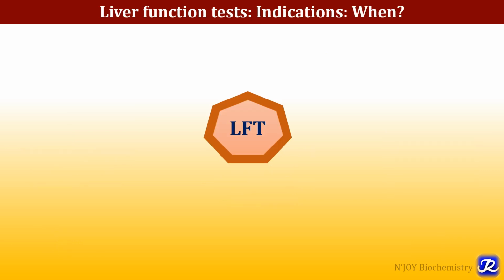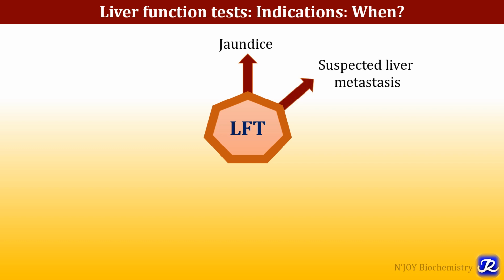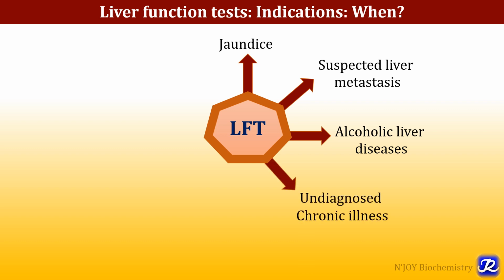Coming to the indications of liver function test. Indications means when the liver function test should be carried out. So the first condition is jaundice. Whenever there is presence of jaundice, liver function test should be advised. Second indication is whenever there is suspected liver metastasis. Third is alcoholic liver diseases.